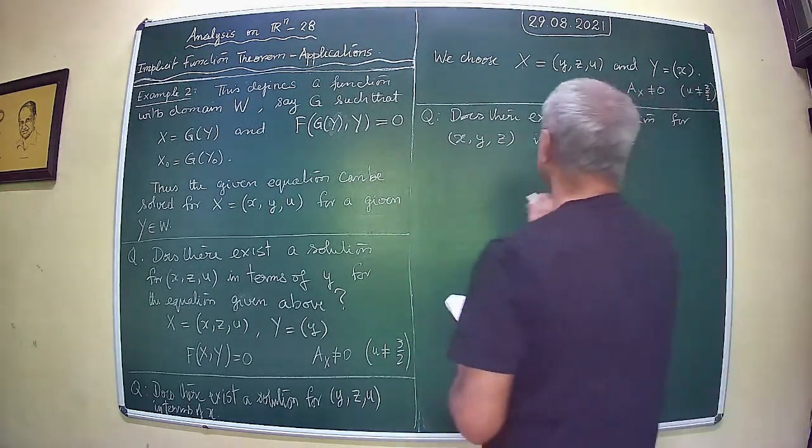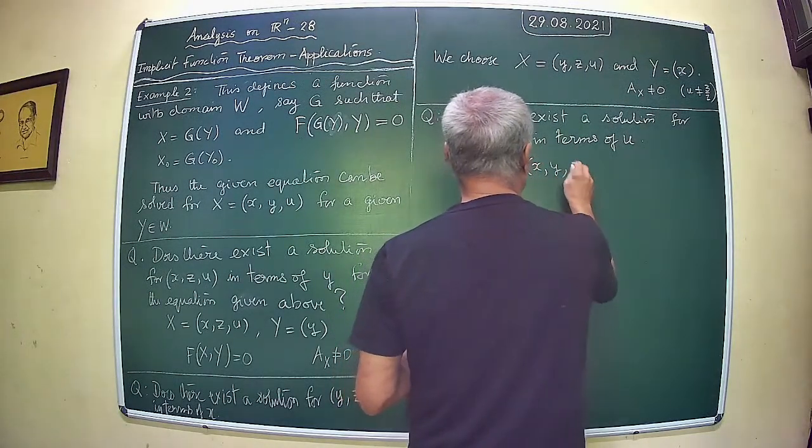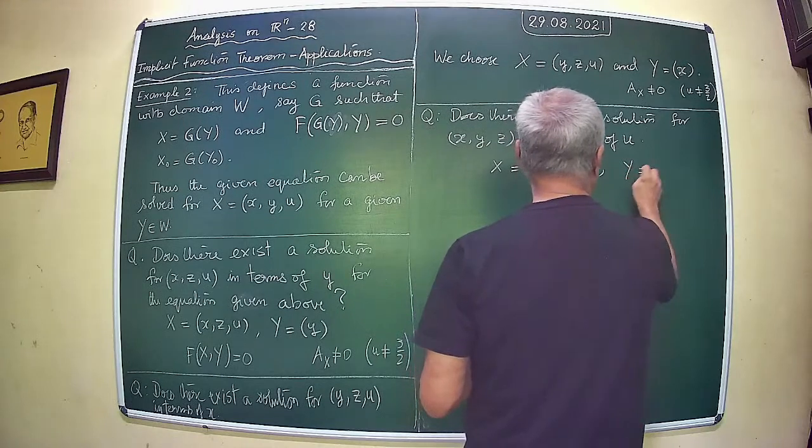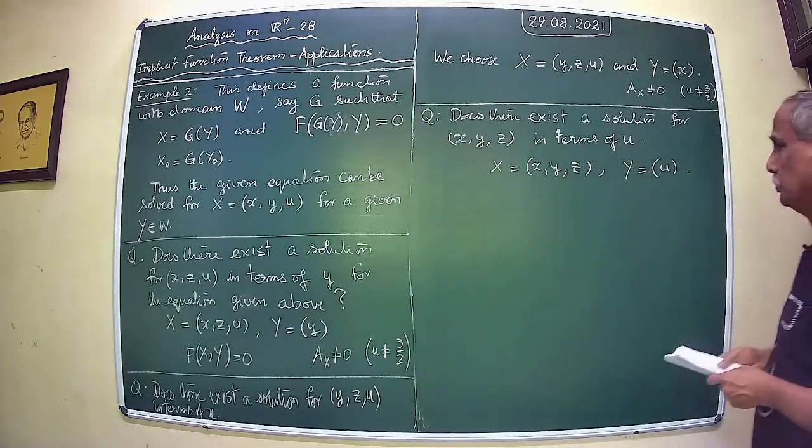In this case, you choose x is equal to, y equal to u.